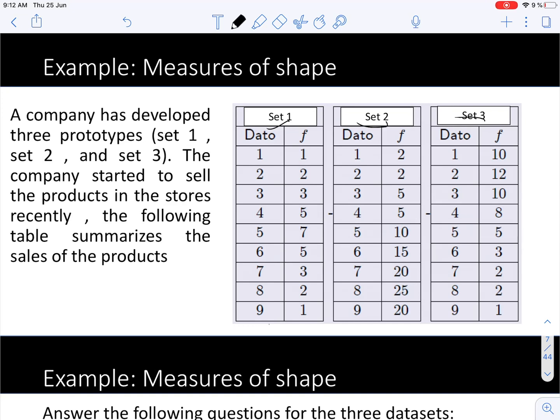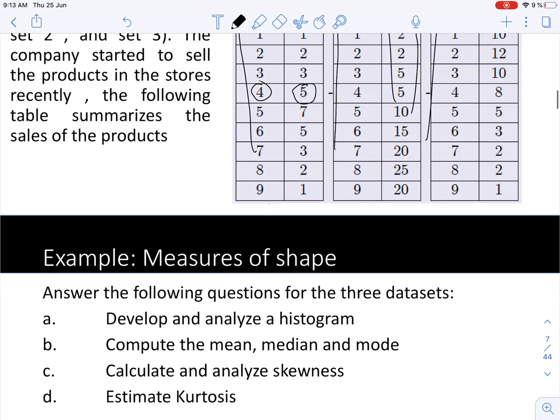The first column is the x value, and f refers to the frequency, so how many times each value is repeated. For example, this 5 means that the value 4 has been repeated 5 times. That's the interpretation. So again, the first column of each table is the variable, and f is the frequency.